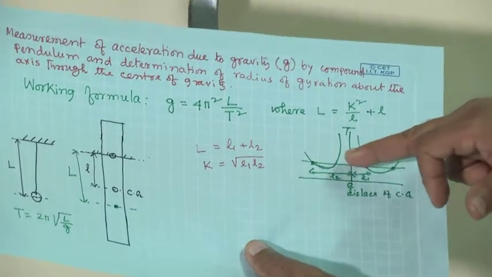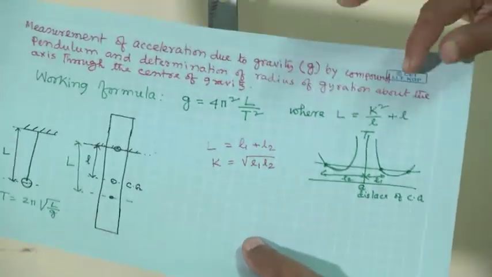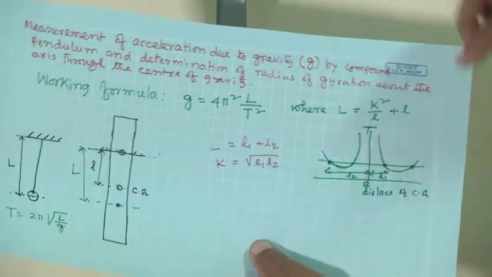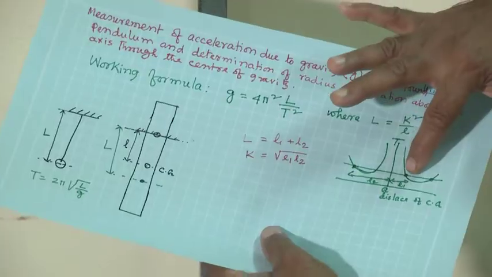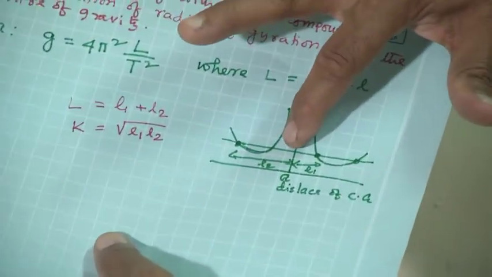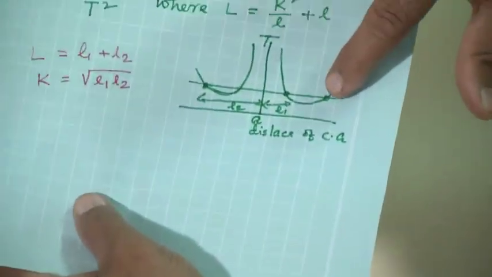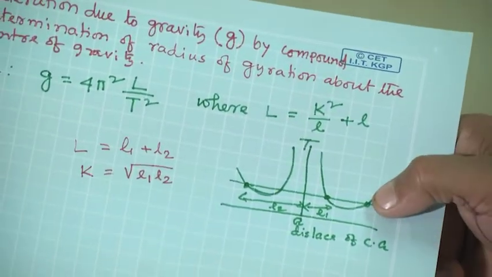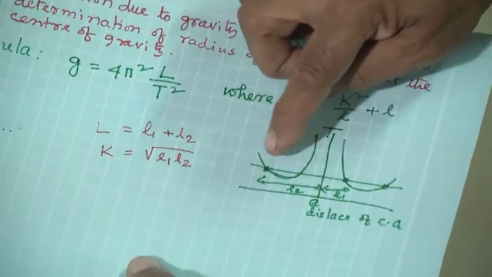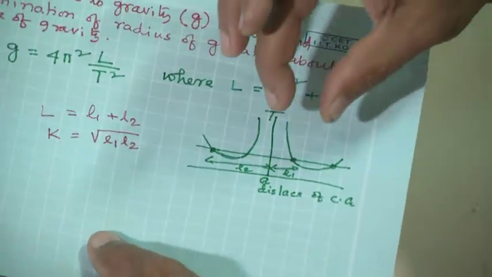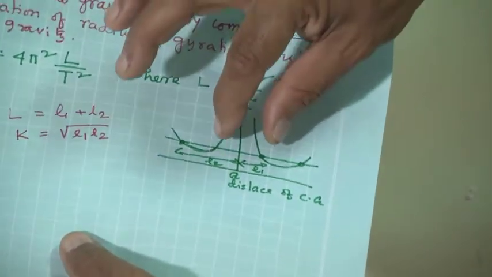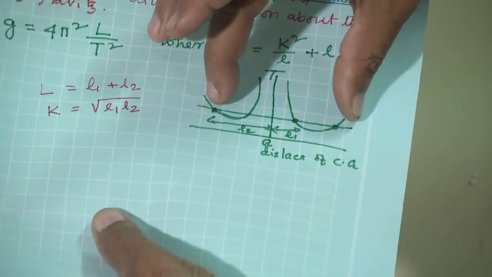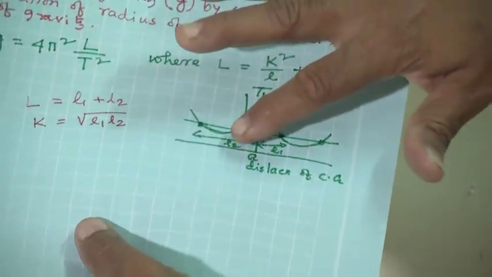If you take a line parallel to the x axis, it will cut at 4 points. This is the line at the center of gravity. From the center of gravity, the first point is L1, and the second point distance is L2, and on the other side also L1 and L2. Generally we measure this distance divided by 2, that will be L1, and the distance between these 2 points divided by 2, that will be L2.